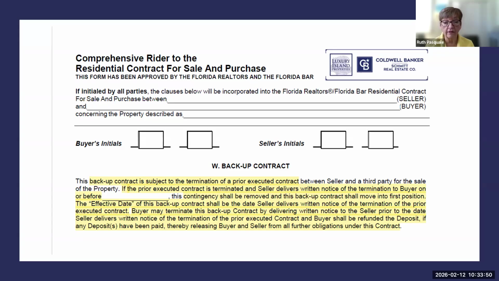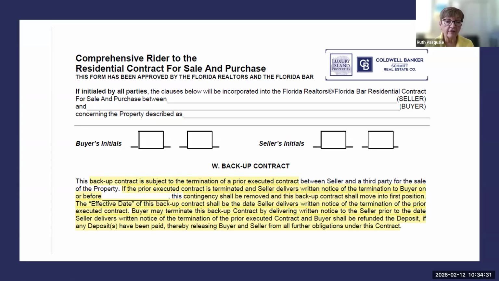The buyer has to understand this: the release and cancellation must be delivered on or before the date stated, not after, because if this date expires, the contingency is removed and the backup contract is terminated. But if the seller delivers that notice on or before the date, the backup contract moves into first position and automatically becomes an effective contract.